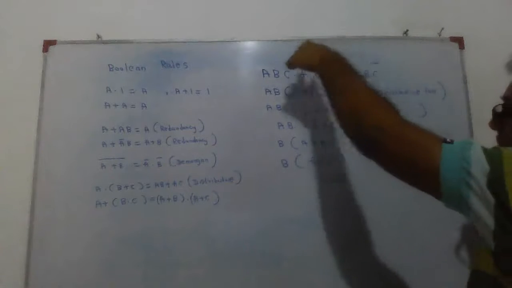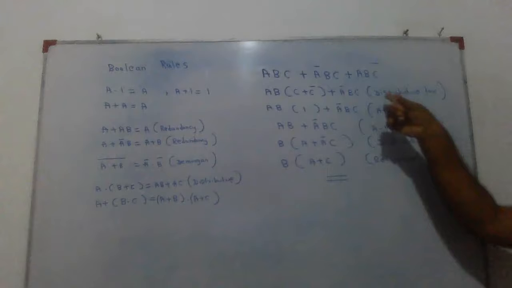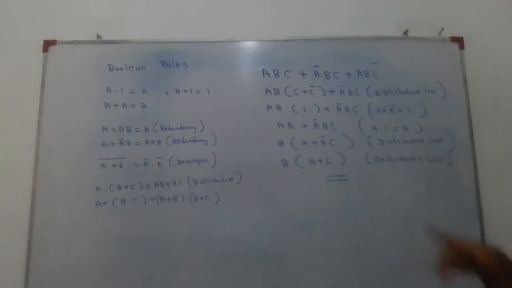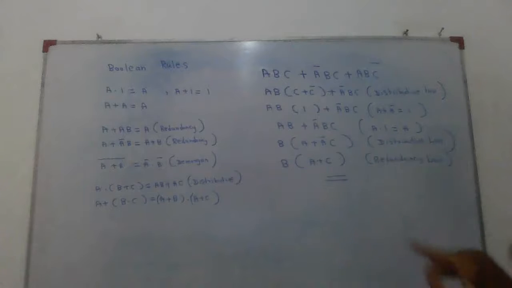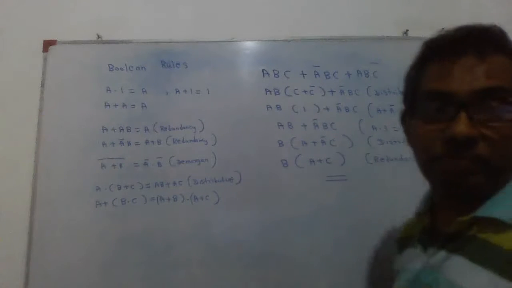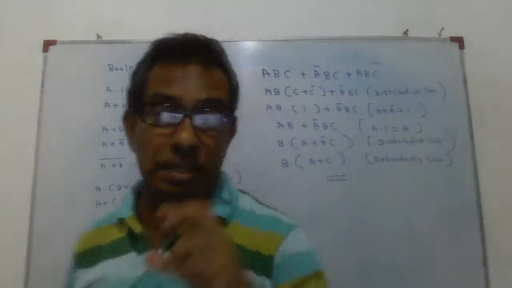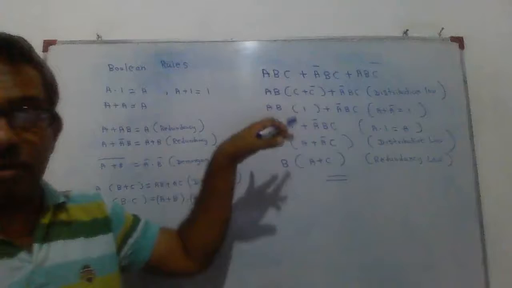The given Boolean expression was simplified with the support of distributive law and some basic rules such as A or A bar, A and 1, and again distributive law and redundancy law. Now this is the first example they have given in the teacher's guide.